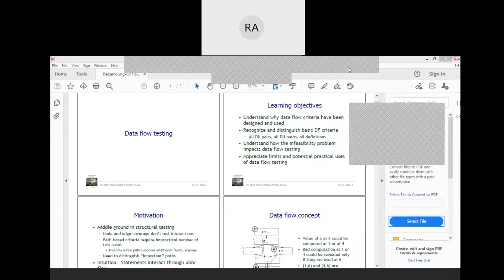In that case it forms a DU pair, a definition-use pair. Suppose you have an intermediate node where you redefine the value, then that node is killing the previous value of the specific variable.